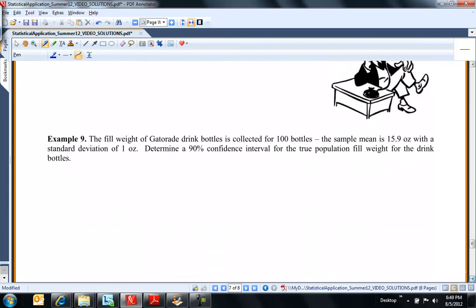I'll go down here. The fill weight of Gatorade drink bottles is collected for 100 bottles. Fill weight, okay. The sample mean X bar is 15.9 ounces for n equals 100.